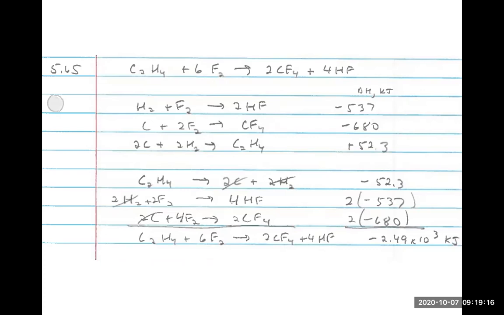The other thing you may notice about that, and this is where the canceling out comes in, is I still have H2 and I have C on the left side, just by doing that one flip of the third one, right? And I don't want those up top, but they're not on the right-hand side either.